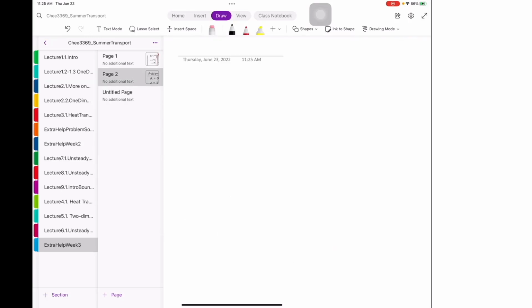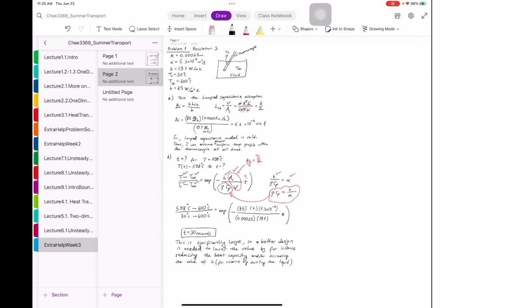What is a way that you could reduce the heat capacity? Exactly, excellent question. So one way to change the heat capacity, the only way, is you change the material.